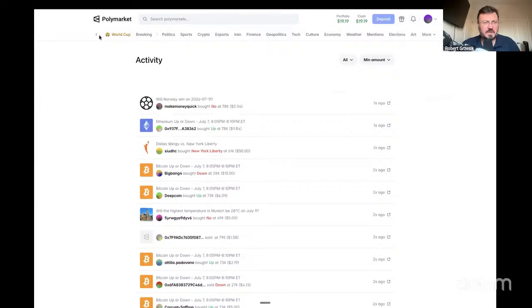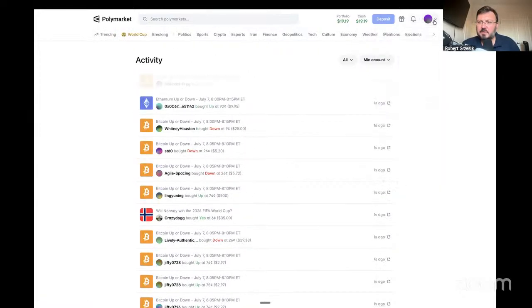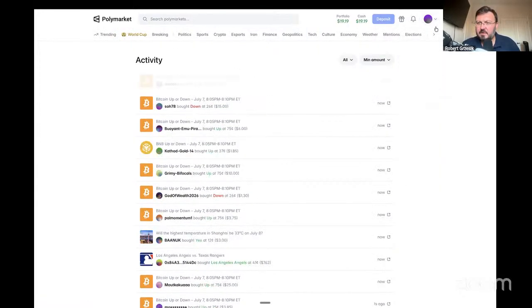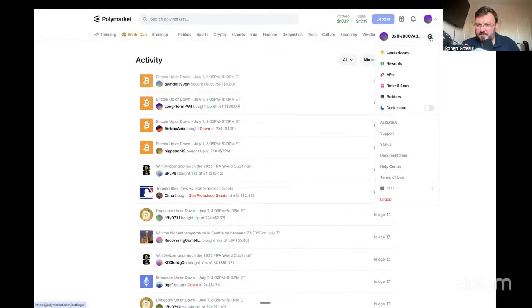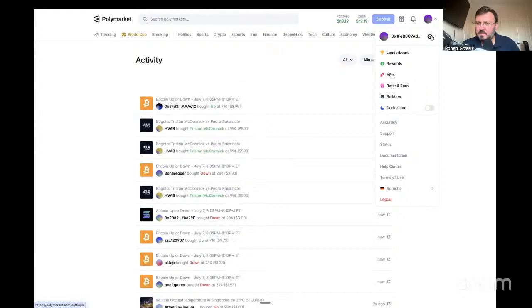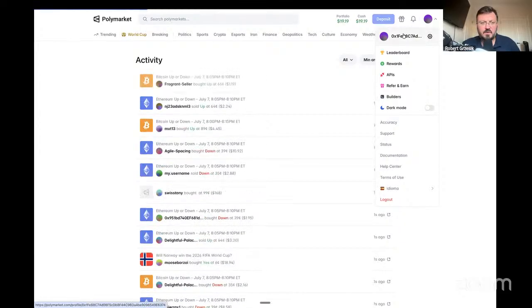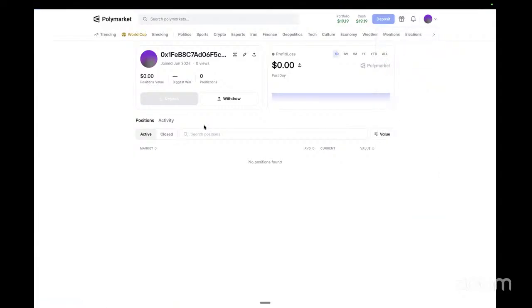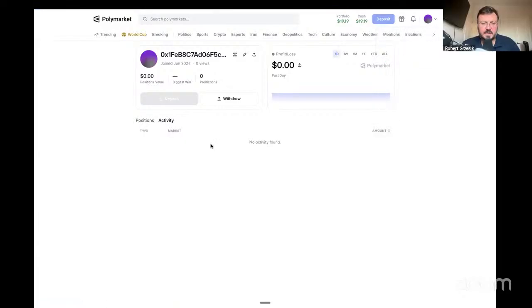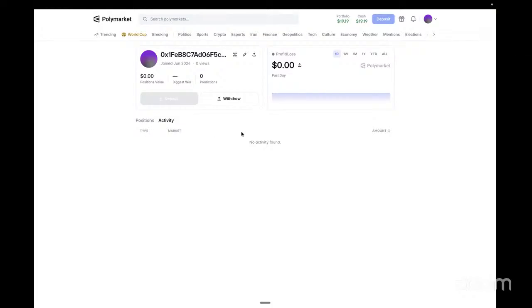How do I check what this thing traded? How do I view my trade activity or whatever? Rewards, accuracy, status. I can't tell how. Yeah, I don't know, I haven't done Polymarket. Yeah, activity, there we go. Position.